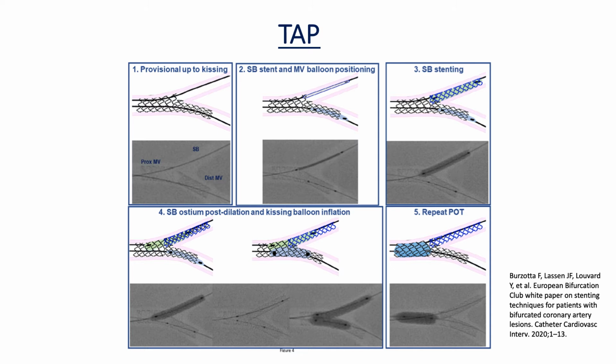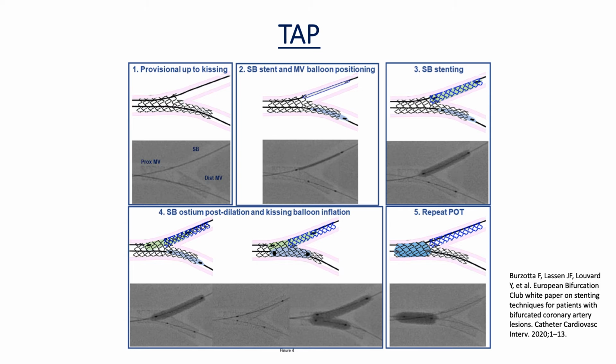So the recommendation is to place a balloon in the main vessel distal to the takeoff of the side branch in order to use it as an anchor in case we have trouble advancing the stent. Then the side branch stent is deployed with 1 millimeter protrusion into the main branch. Then the stent balloon is backed up and another inflation is performed only with the side branch stent balloon.